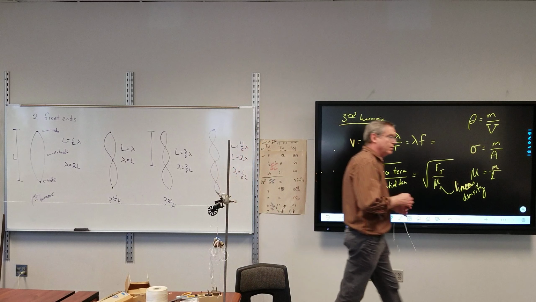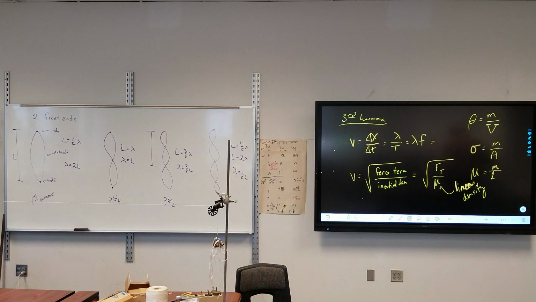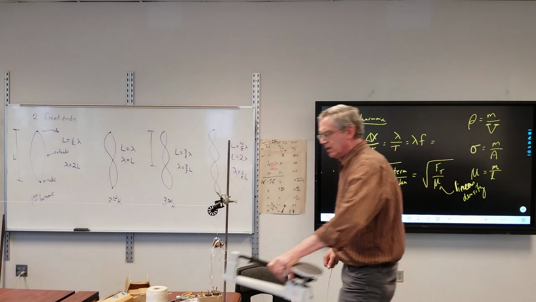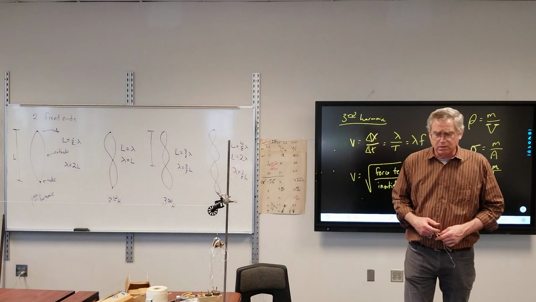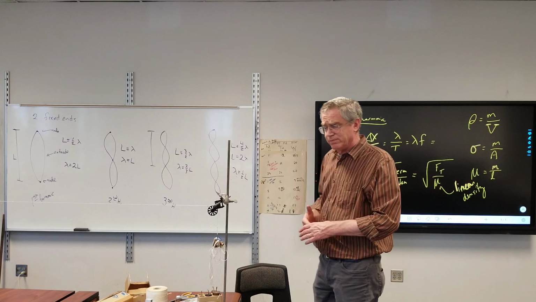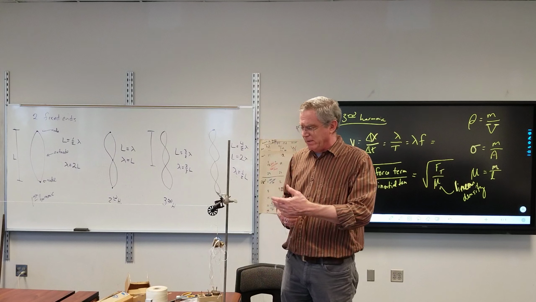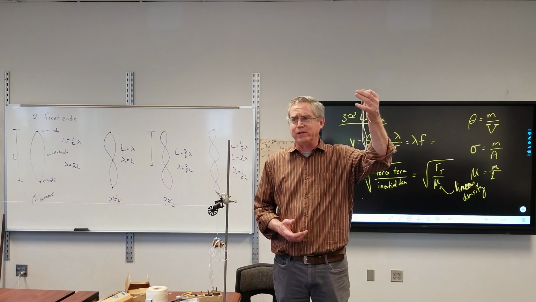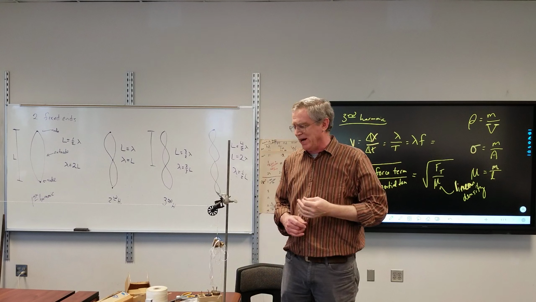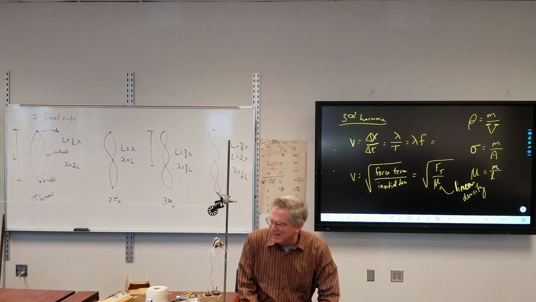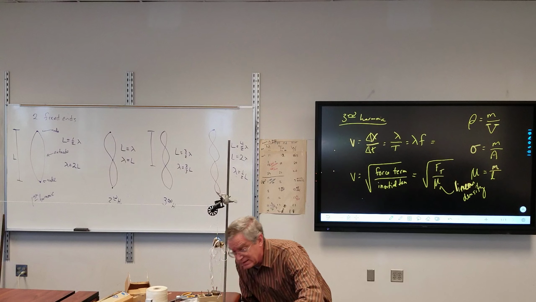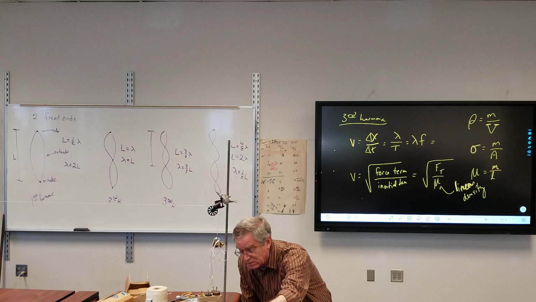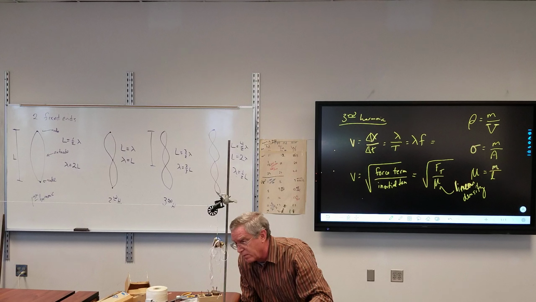All right, so I might give my balance. Need to make sure that it is actually zeroed, because again, if it's a little bit off, if it's off by 0.1 grams and this has a mass of 0.2 grams, you're introducing a 50% error right then and there. A little bit off, so I need to take it that way.